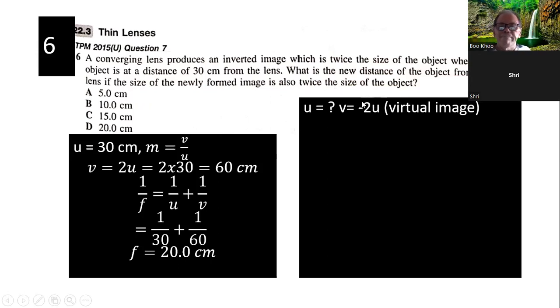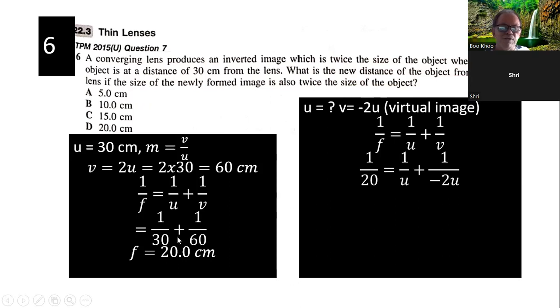Okay. Virtual image. Lens formula, put in your value. Right? Focal length we have calculated. 1 over U. It's a virtual image. Calculate out. 10 cm.